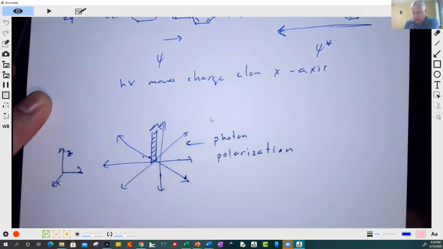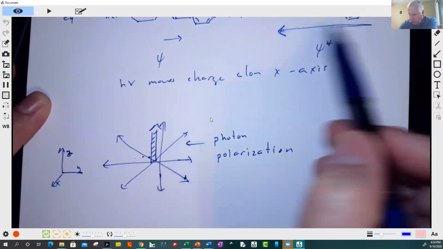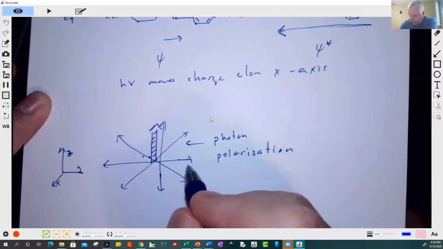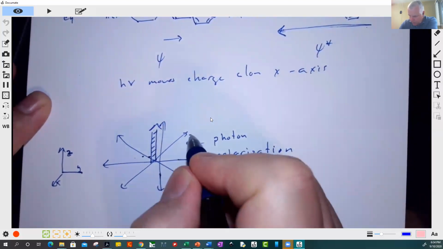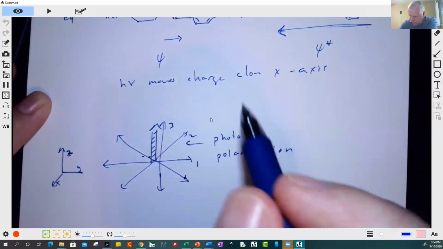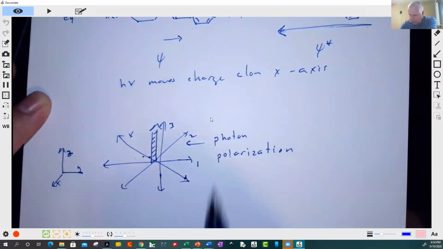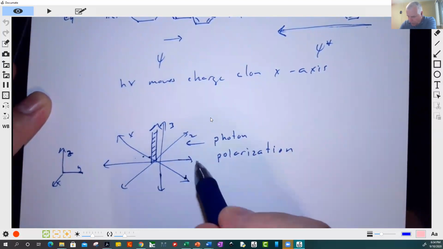Right? And so if you were to guess which of these polarizations can separate the charge, let's label them 1, 2, 3, and 4. I've labeled 4 different polarization states.